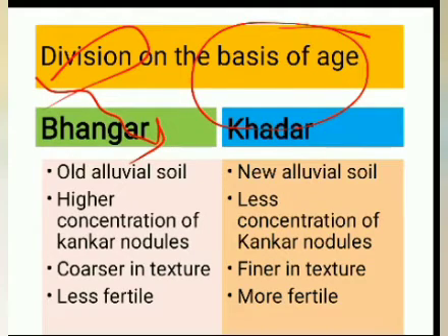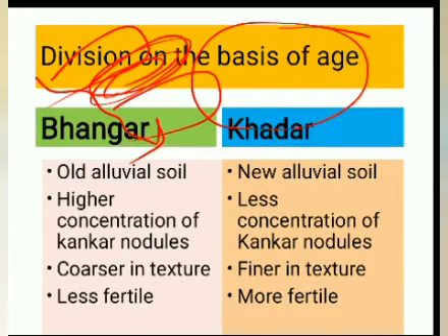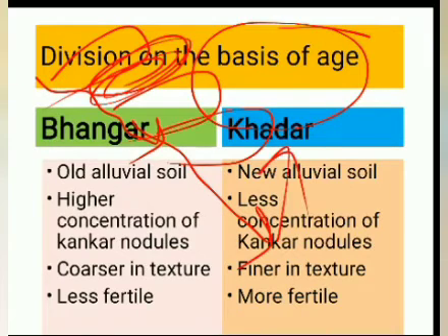If we talk about the zones, we have Tarai, the swampy region. We have Bhangar and we have Khadar. Generally, towards the lower reaches, we get Khadar, the lower floodplains.